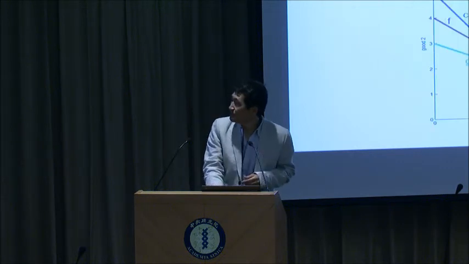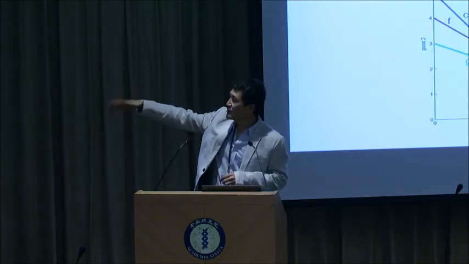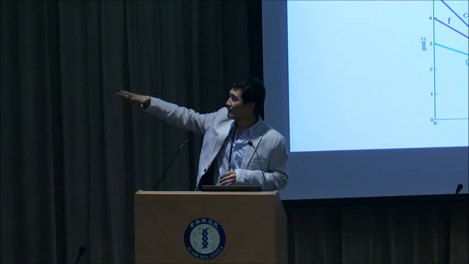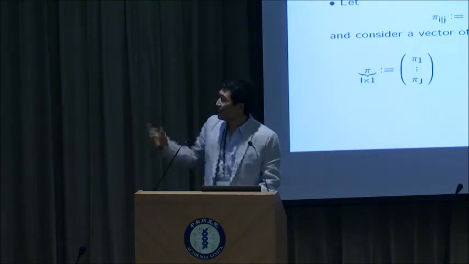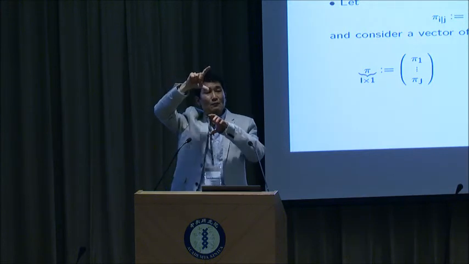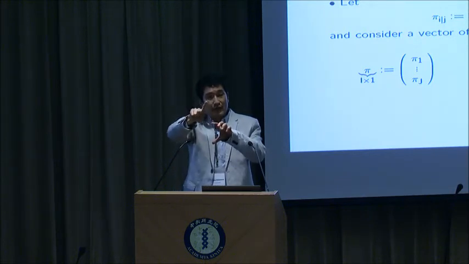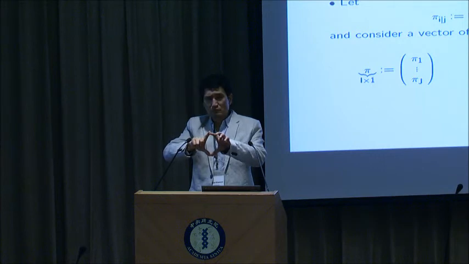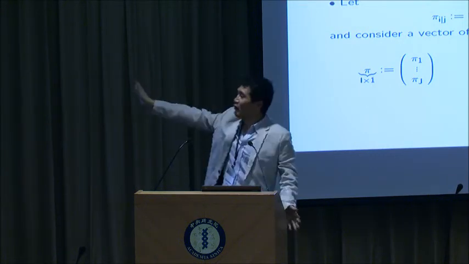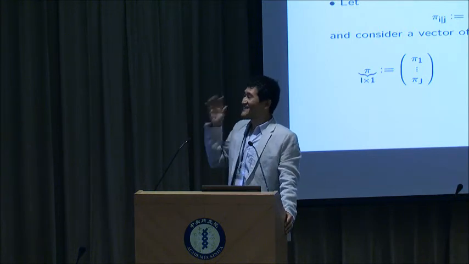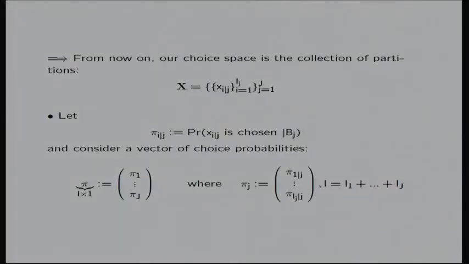And of course, we observe a finite bunch of budget sets: blue, red, and green. So in this case, capital J is 3. And then we stack pi of blue, pi of red, and pi of green, so pi is all the choice probabilities we observe.